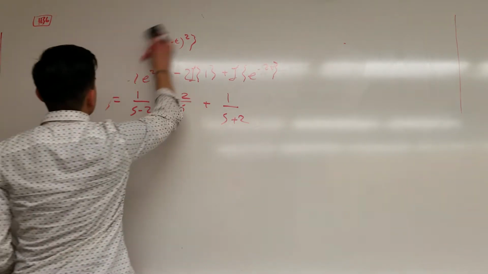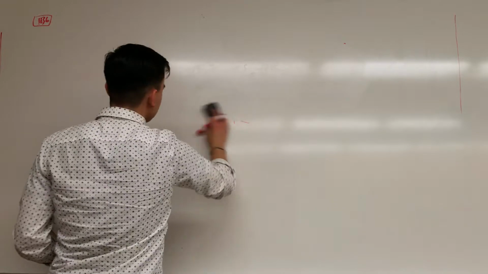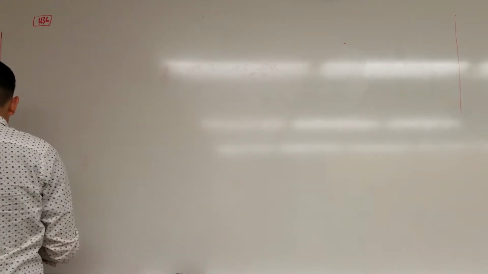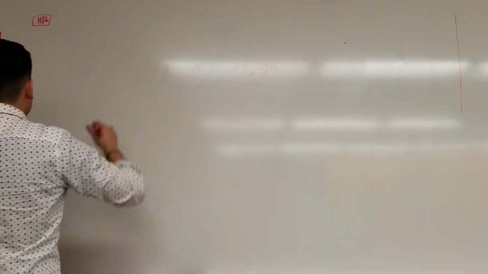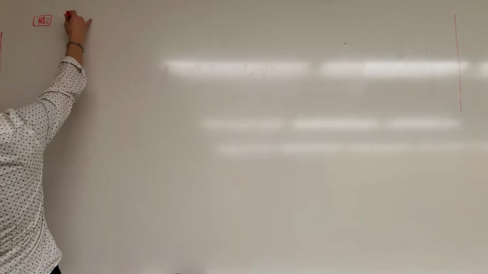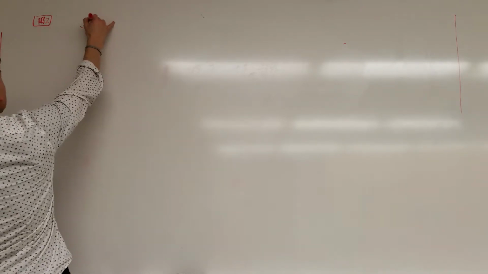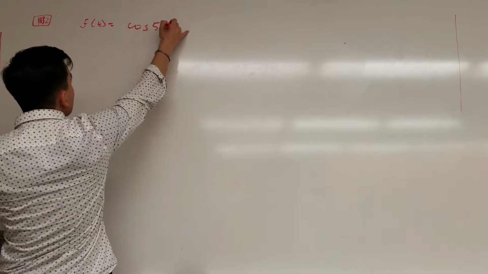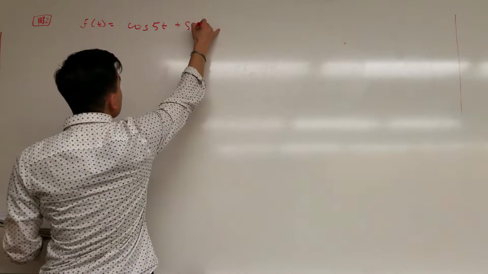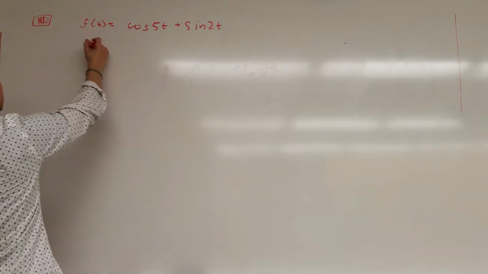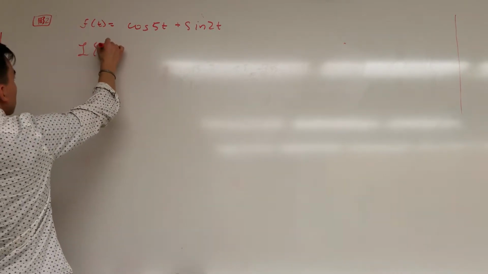Great. Let's move on. All right, so this one's a good one. We have the function f of t equal to cosine 5t plus sine 2t. Okay, great. So let's Laplace the function.